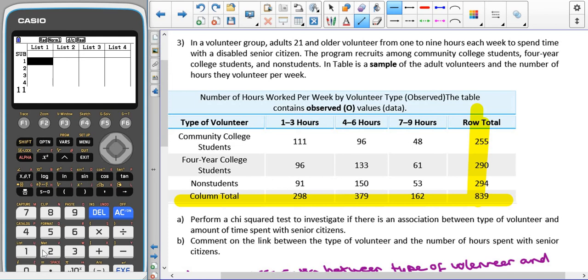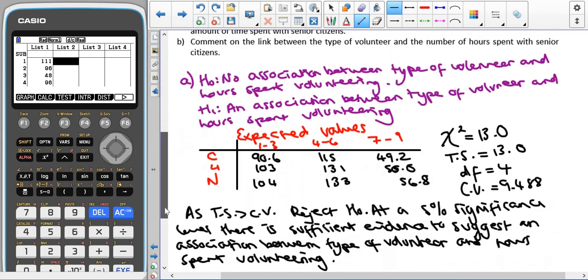So that's 111, 96, 48, 96, 133, 61, 91, 150, 53. Our expected value is going to list 2.